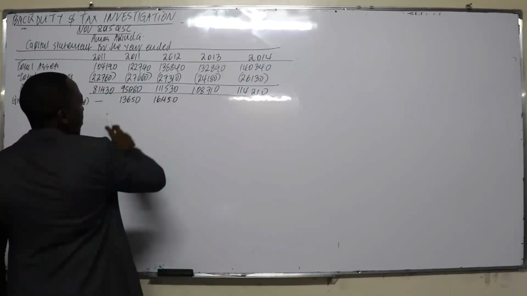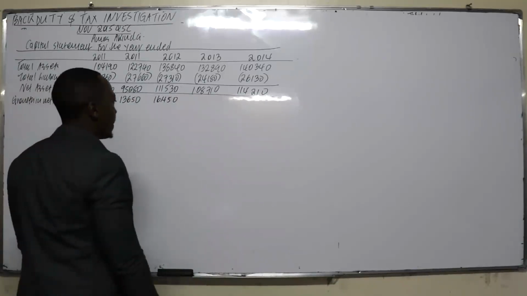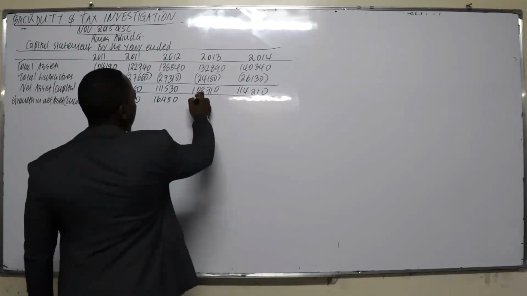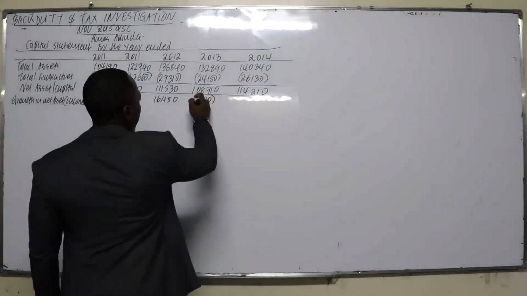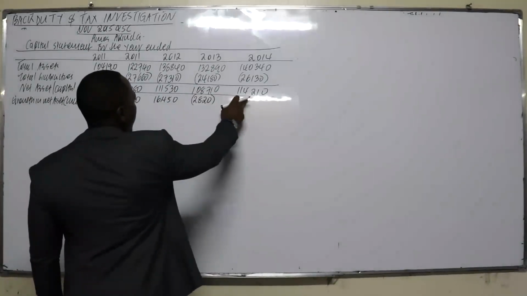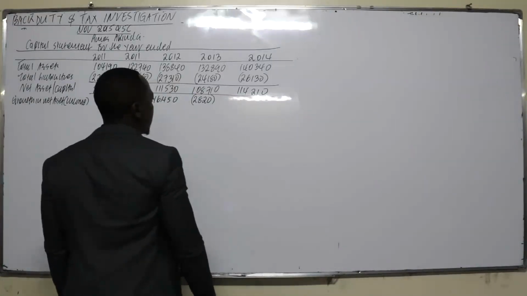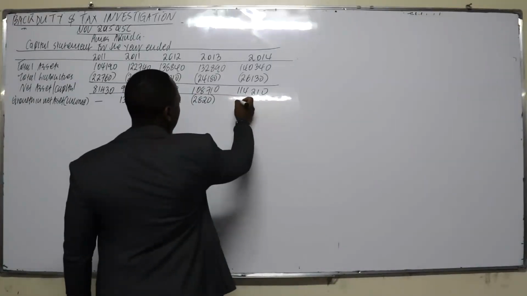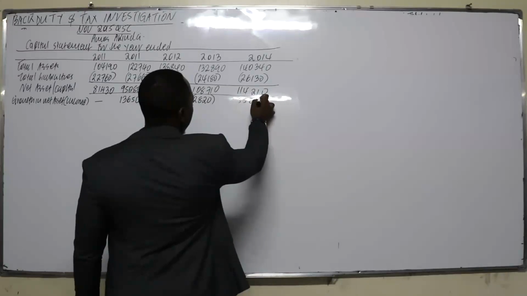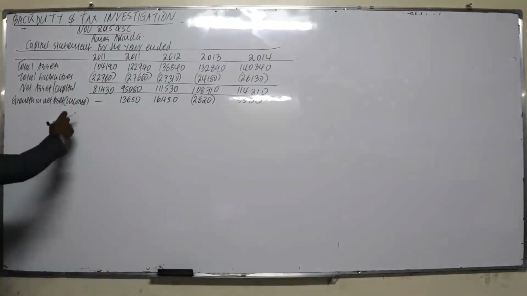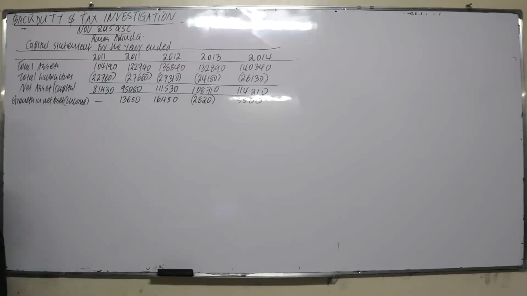From 111,530 to 108,710, that's a reduction of 2,820, that's a negative. 108,710 to 114,210, that's an increase of 5,500. That's how you determine the growth in net assets, which will be regarded now as our income.